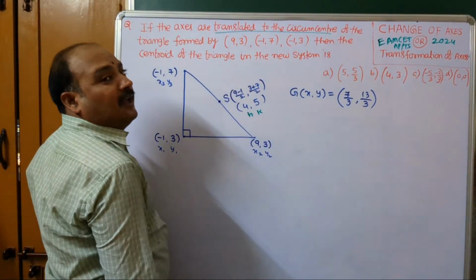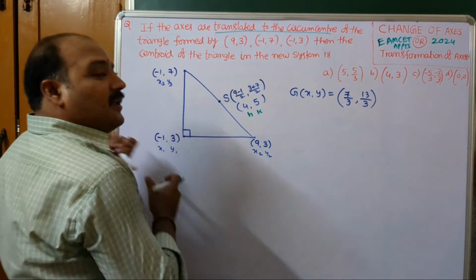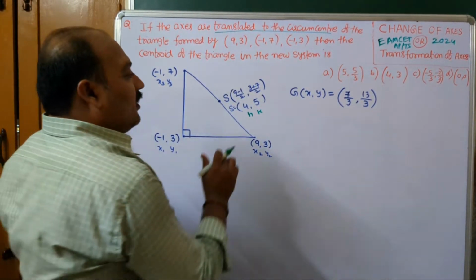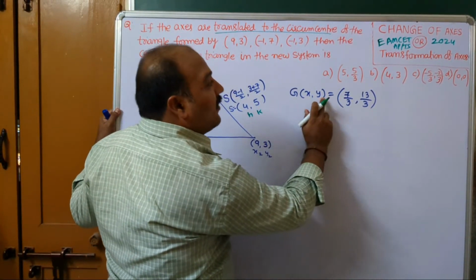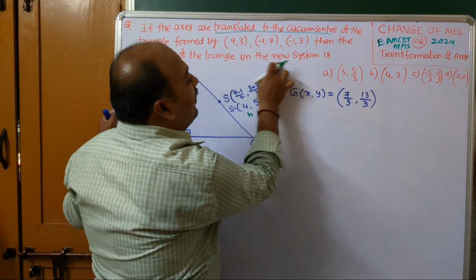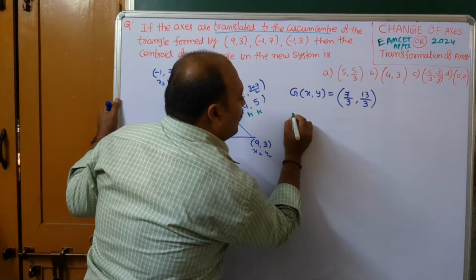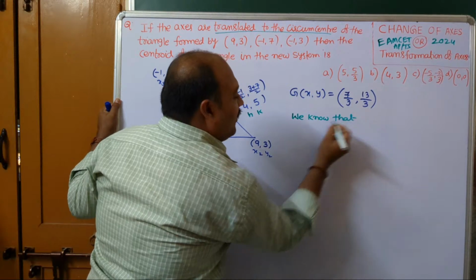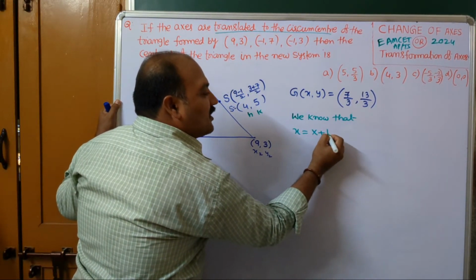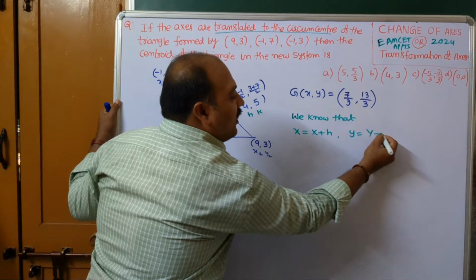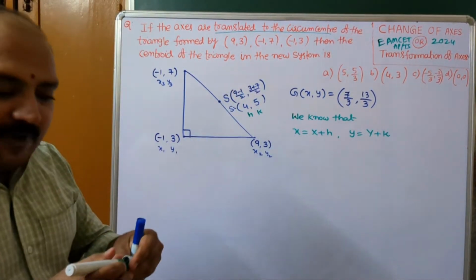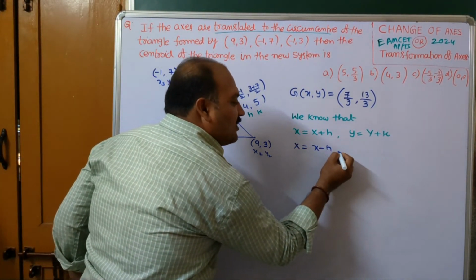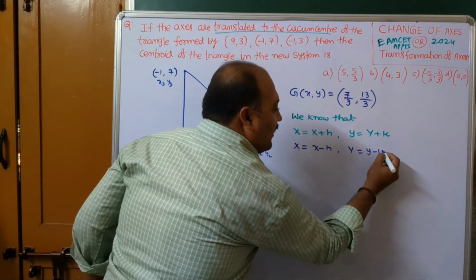Circumcenter is h comma k. The centroid of the triangle in the new system: we know that small x equal to capital X plus h, small y equal to capital Y plus k. From this, make capital X and capital Y the subject. So capital X equal to small x minus h, capital Y equal to small y minus k.